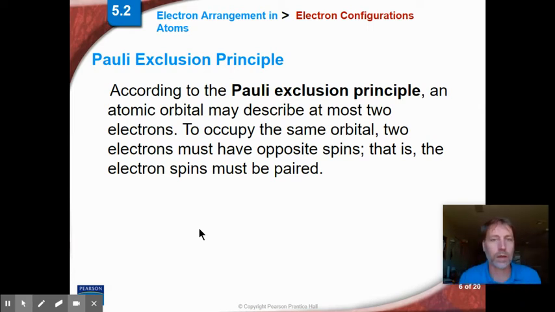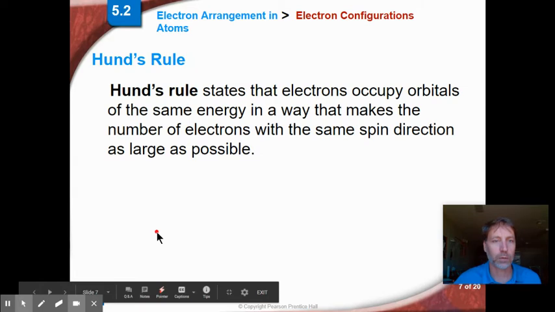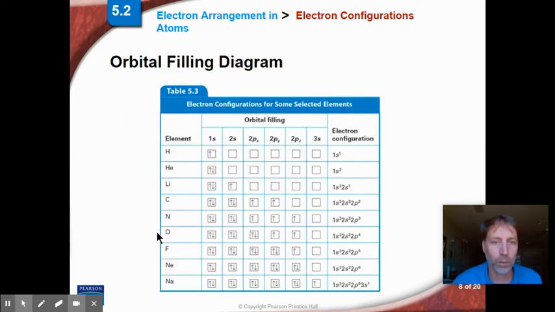So this understanding that they're going to spin in opposite directions, that's called the Pauli exclusion principle. So they remain in pairs and they spin in opposite directions. The third rule is that the electrons occupy orbitals of the same energy in the way that makes the number of electrons with the same spin direction as large as possible. That'll come clear to you in a moment here, okay?